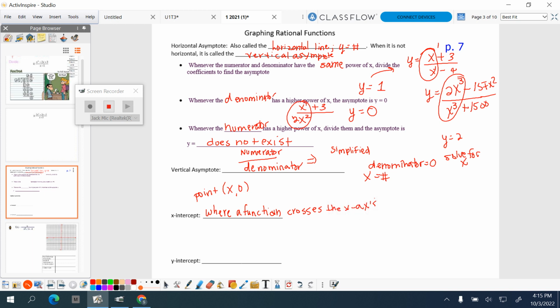Or an object. We typically call everything a function, and it's totally incorrect. So the y-intercept is the point 0, y, where a function or object crosses the y-axis. And that's all she wrote.